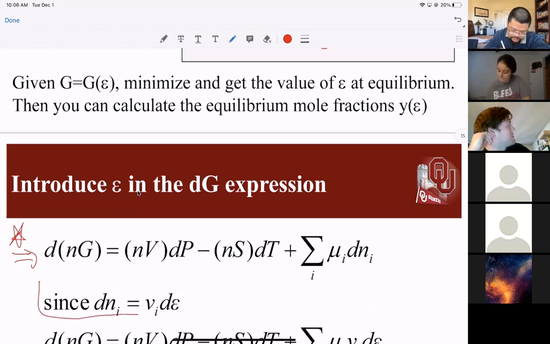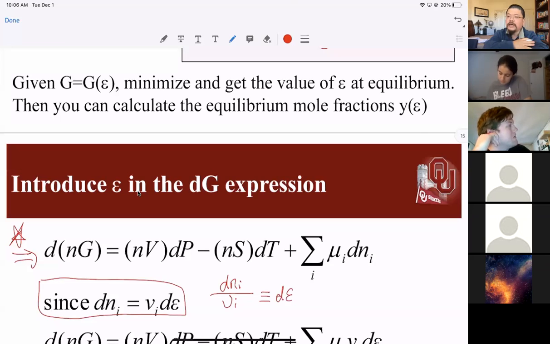Simply, we want to receive this equation, right? This is coming out of the definition. We define dni over corresponding stoichiometry nu i is defined as d epsilon. That is the change of the reaction coordinate. And I hope you feel excited that now we are going to plug in, right? Nothing special, really, really nothing special. So we are the master of chemical potential, yes?